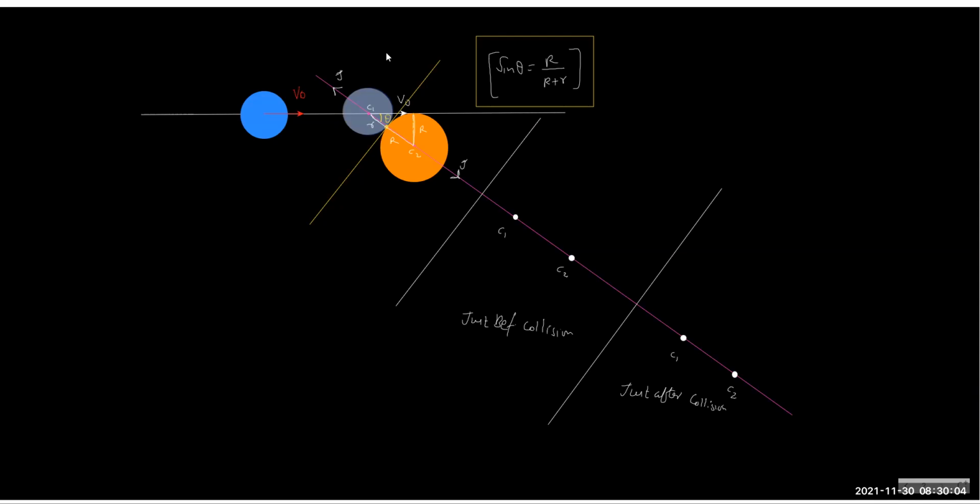So now the velocity of the first particle just before we know in this direction and in this direction. So we are trying to resolve the velocity in the two mutually perpendicular directions because we know that this is v naught cos theta and this is v naught sin theta.